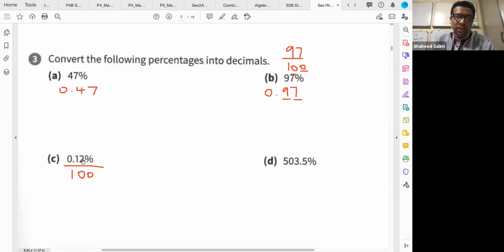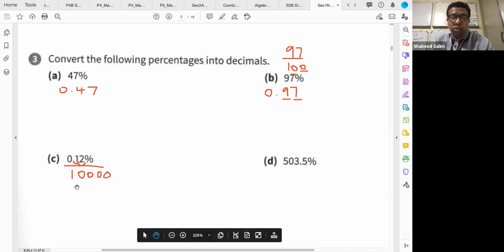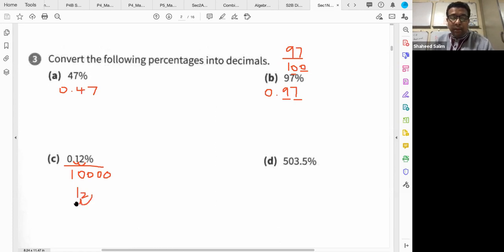You got to make sure first this one now becomes a whole number. Times 10, times 100, you got to add another 2 zeros here. So this one becomes 12 over 10,000. 10,000 has 1, 2, 3, 4. Shift 1, 2, 3, 4. Put a dot here. It's like that. That's simple.